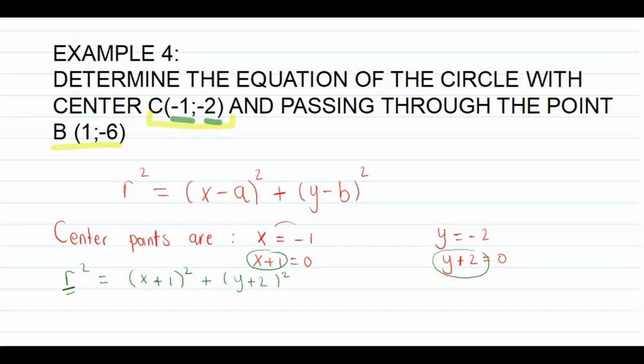I'm just going to rewrite the equation here. So r squared is equal to x plus 1 all squared plus y plus 2 all squared. And then I mentioned that we are given a point B, another point on our circle, because we are trying to calculate the radius of our circle.